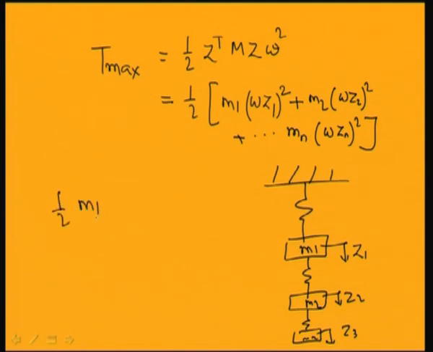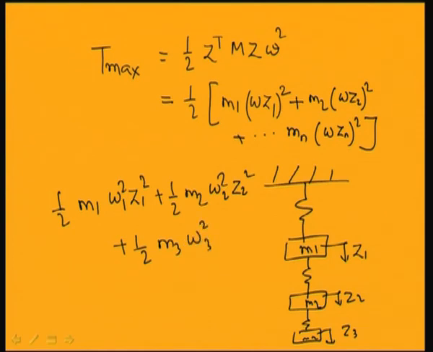So, half m1 omega square z1 square plus half m2 omega square z2 square plus half m3 omega square z3 square, as you are taking a particular value of omega.